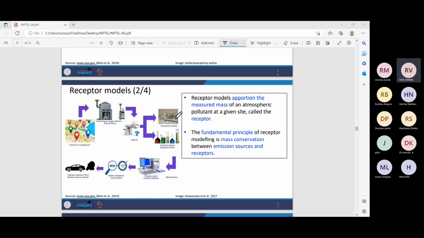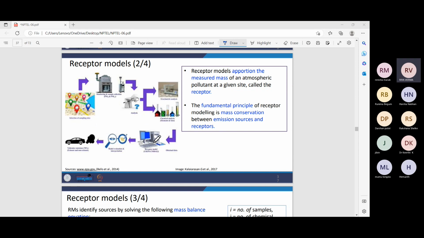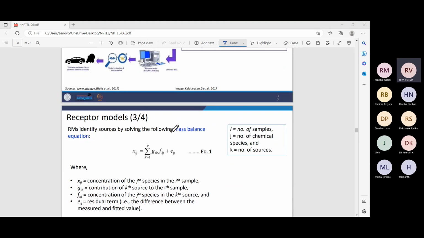We assume that the total mass of the pollutant remains conserved: the amount generated from the emission sources and the amount received at the receptors is the same. This is the mass balance equation, which is used to identify the sources.